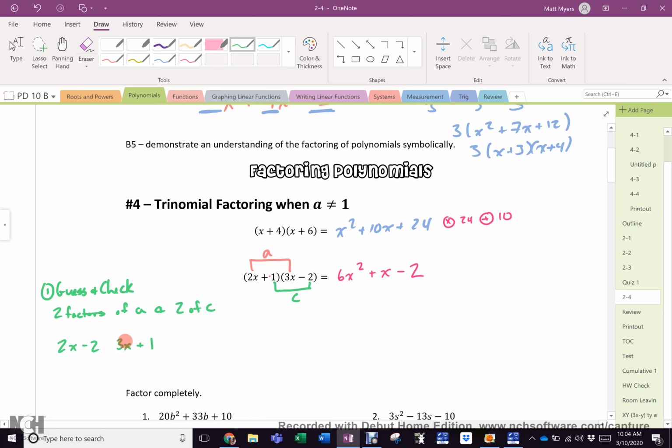So is this right? No. So then I say, okay, maybe it's 2x plus 2 and 3x minus 1. Check that. 6x, good. End works. Negative 2x plus 6x. Oh, that's not right either. Okay. So maybe it's, and you see what I'm doing? Charlotte. Won't it be 6x squared minus x minus 2?